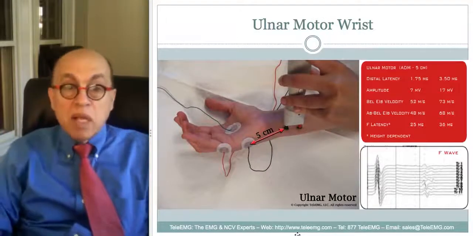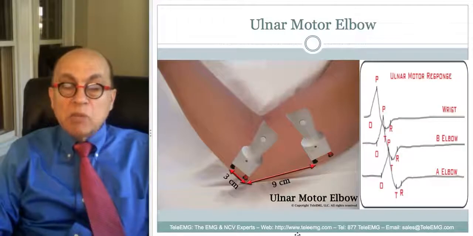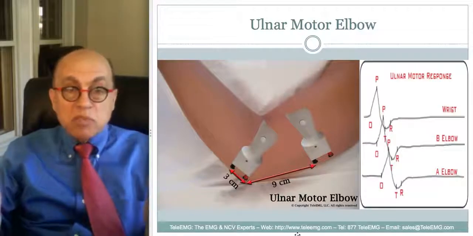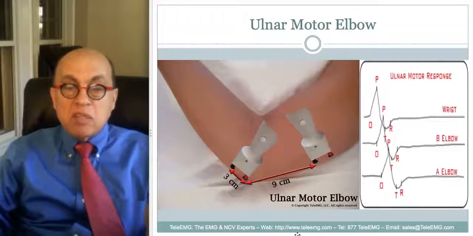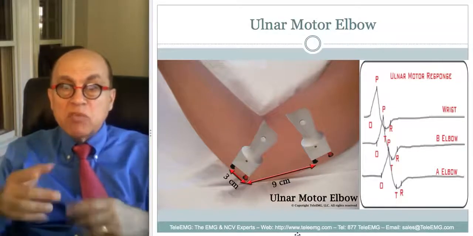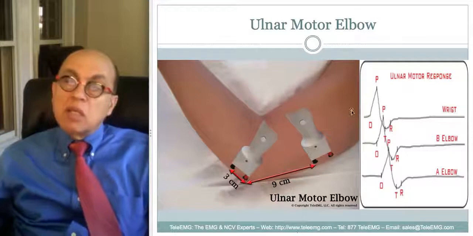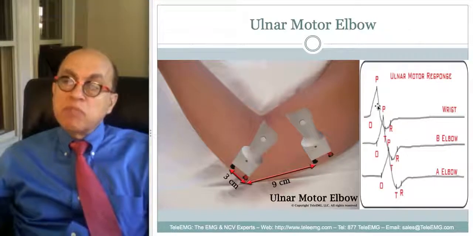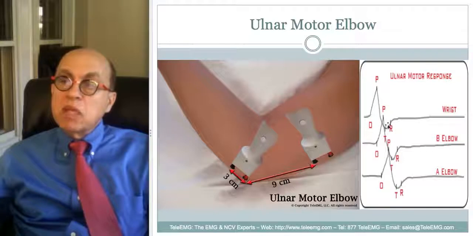Then we stimulate the ulnar nerve below the elbow. I usually use a distance of 3 centimeters below the elbow and above the elbow at a distance of 9 centimeters for a combined above to below elbow distance of 12 centimeters. And look, we get this response here, O, P, onset, peak, and trough, and return to baseline. This is from the wrist.